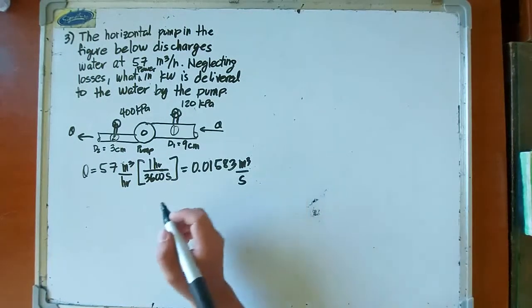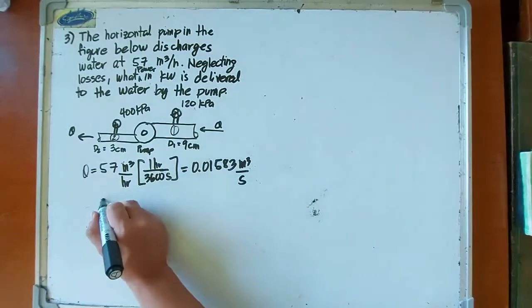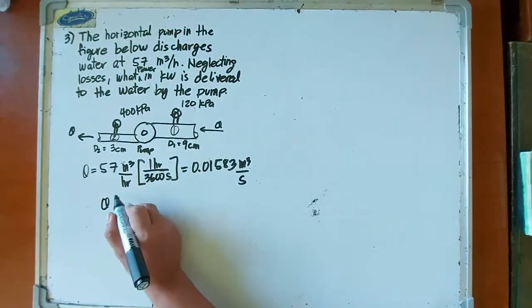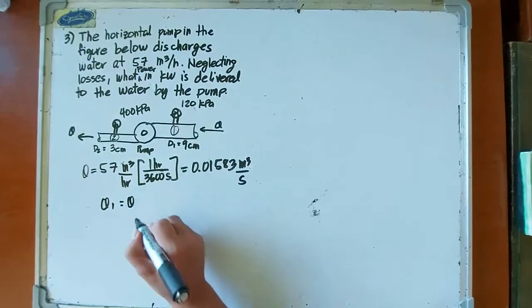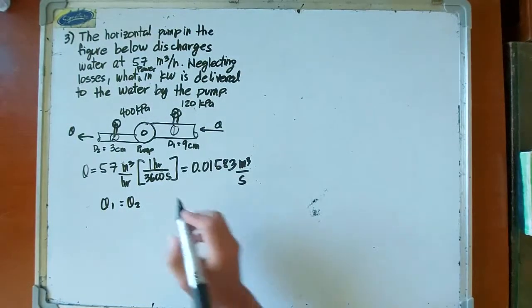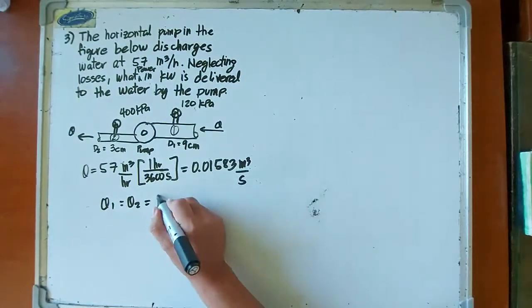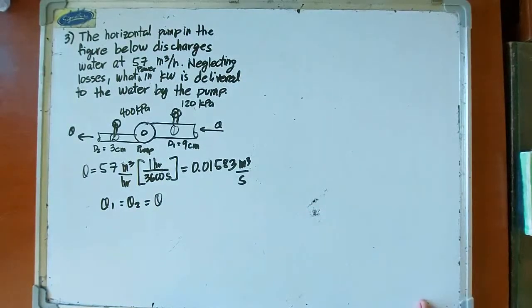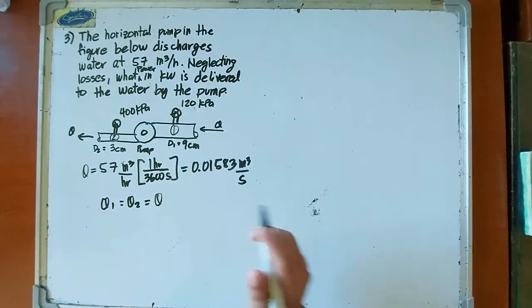So from the law of continuity of flow, we know that the discharge at pipe 1 is equal to discharge at pipe 2, and that is also equal to the discharge in the entire system. Okay, so if that is the case, we can solve for the velocities at those identified points.